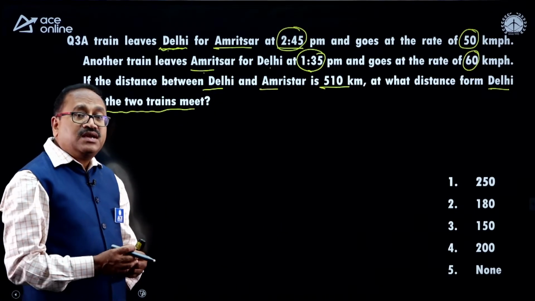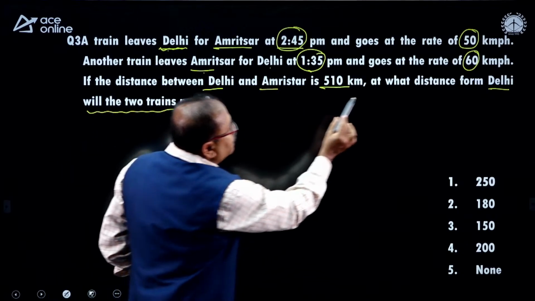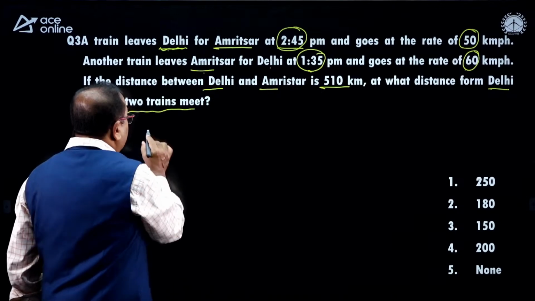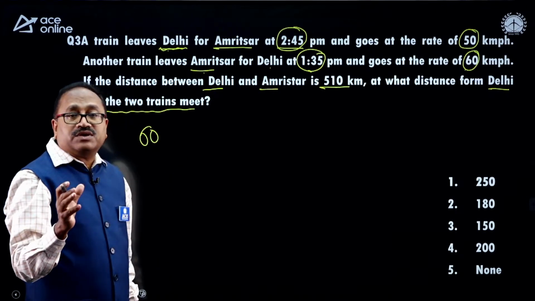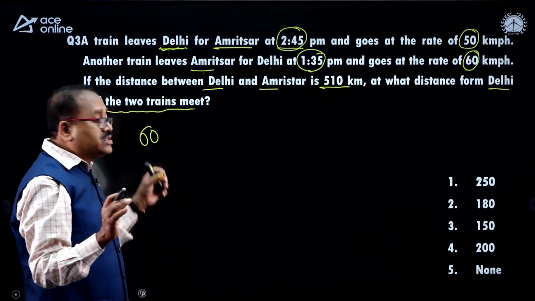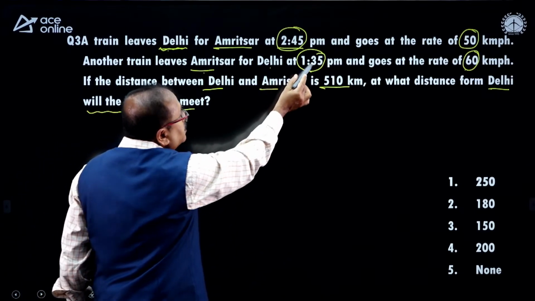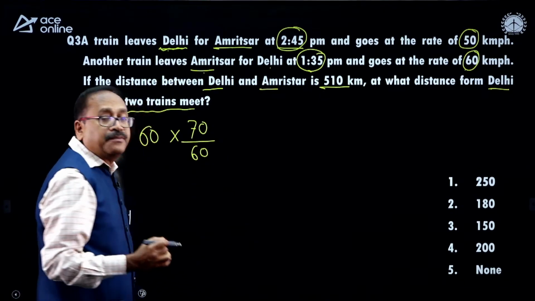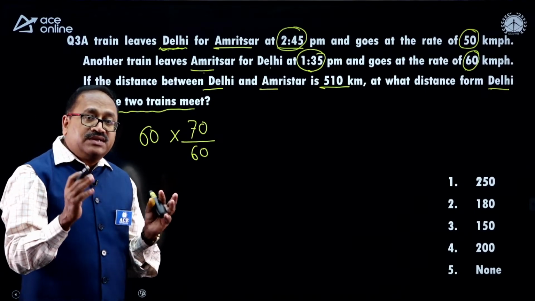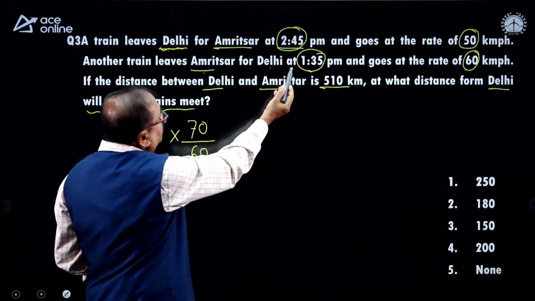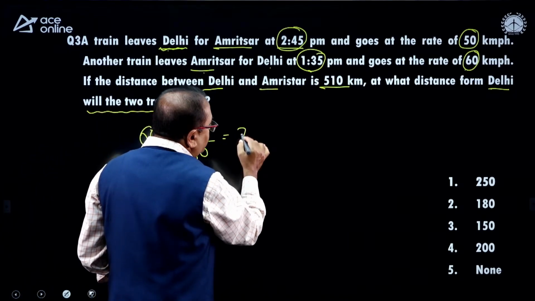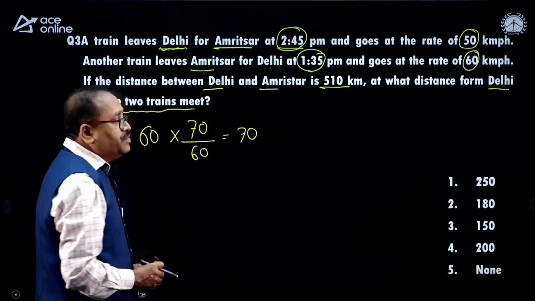So it runs 70 minutes with a speed of 60 km per hour. As it is in minutes, I will convert that into hours, so that will give us the distance covered from Amritsar. So 60 gets cancelled, and I am left with 70 kilometers.